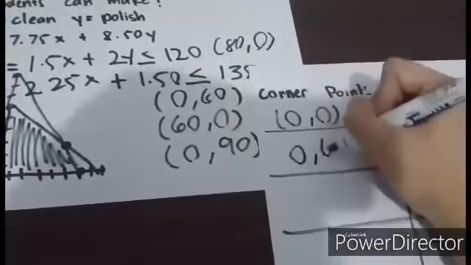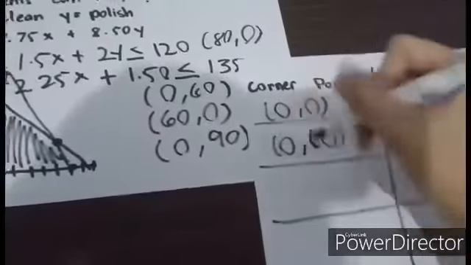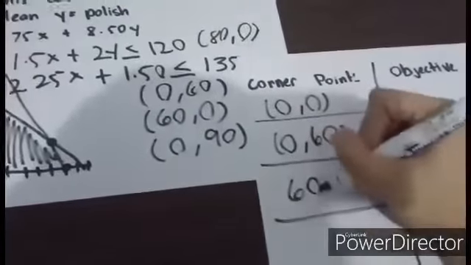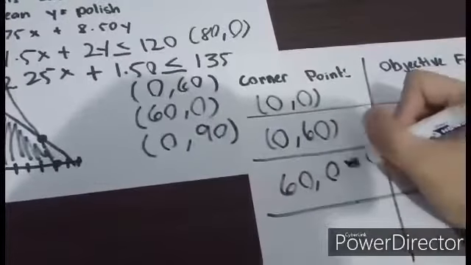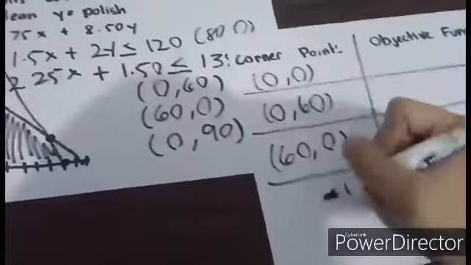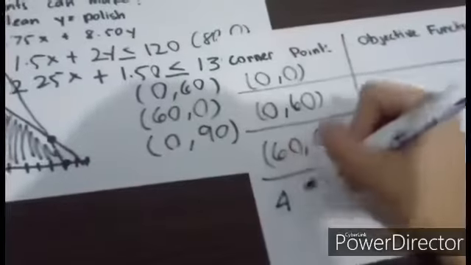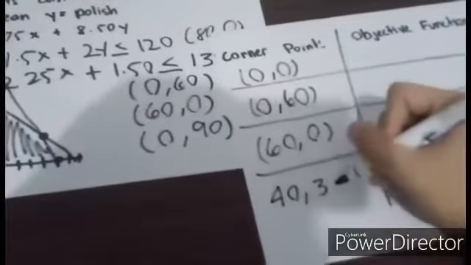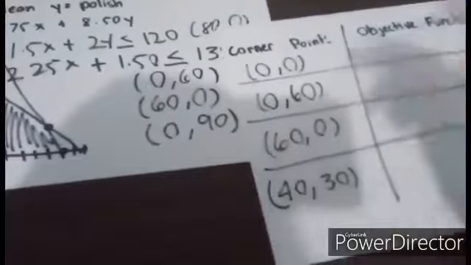Then 0, 60. Then 60, 0. And the last one is 40, 30.